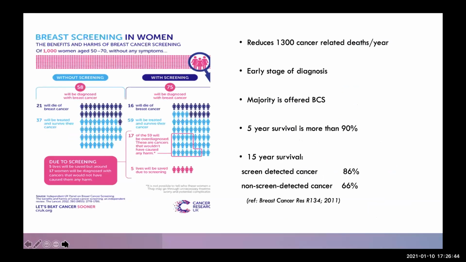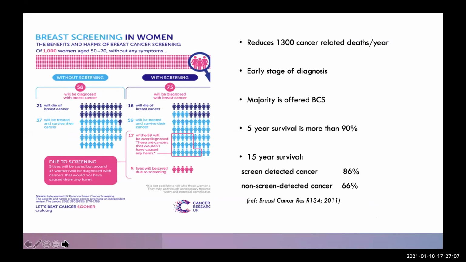So what are the advantages of breast screening? Screening is heavily criticized in that it can pick up things which may not cause any problem to a woman in the future. On the left, you can see that without screening, if there were 1,000 women, we would diagnose 58 cancers, whereas with screening, we would diagnose 75 cancers in that cohort.